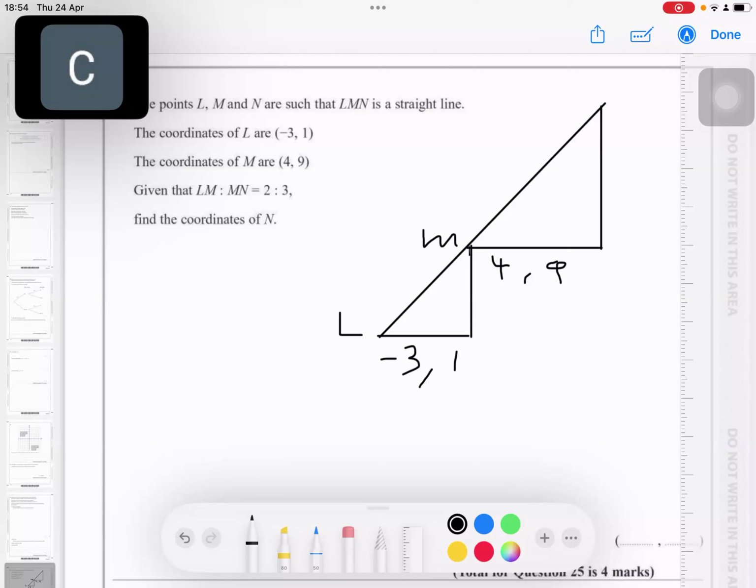Okay, so n is at the other end, right? Yes. Okay. Right. So the question now is, what are the coordinates of n?